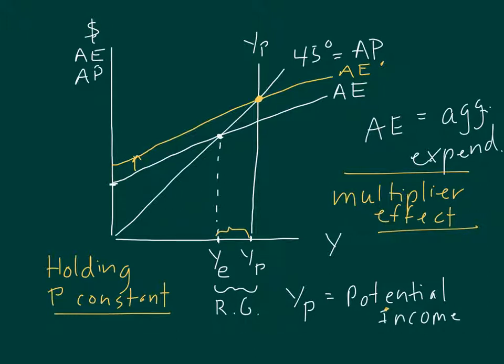Perhaps you can think, what would be the case if we had YP to the left of YE? If YP was over here, that would generate a distance there, which would be the inflationary gap, and that, in terms of policy, would require a shift not up in the aggregate expenditures curve, but down. And that lower aggregate expenditures function would generate an equilibrium that would occur so that we reached the lower potential income figure.